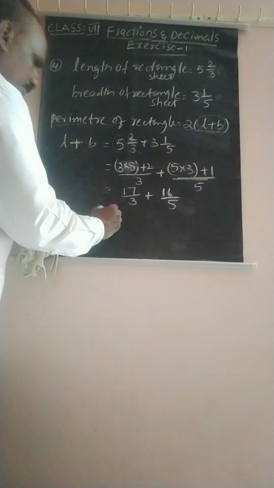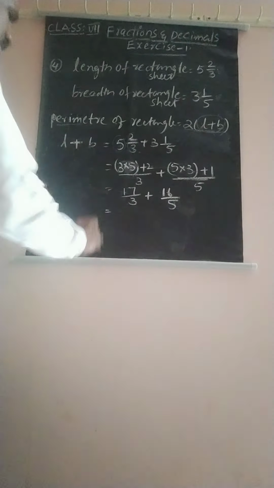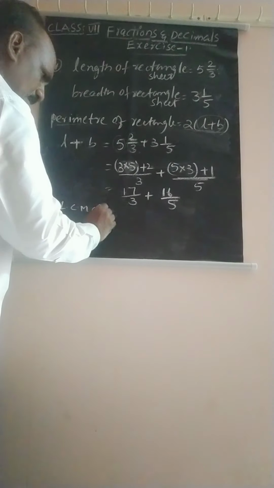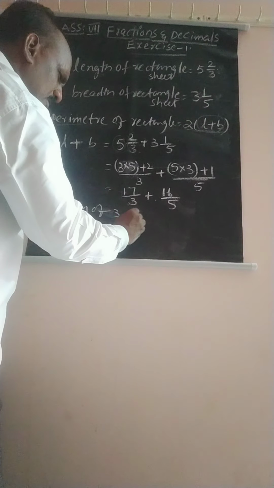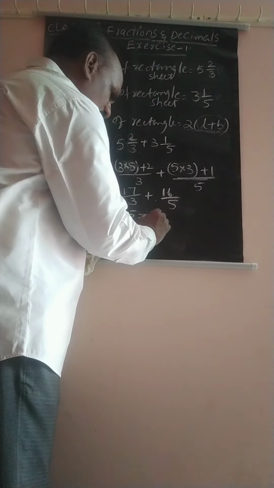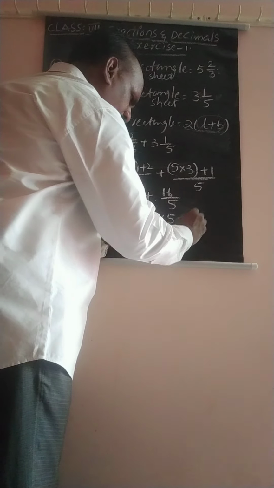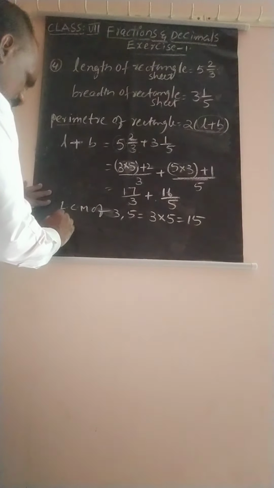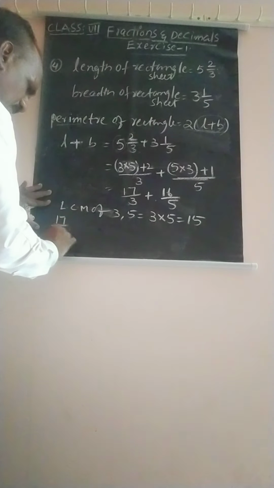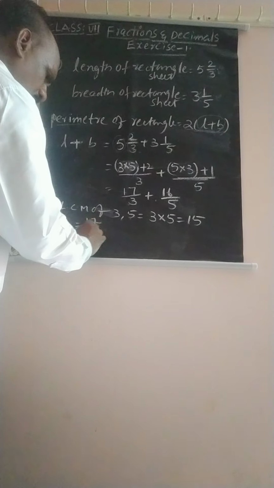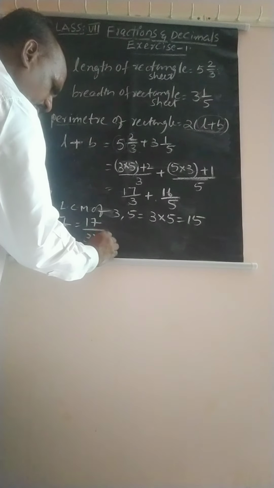Now listen here. To make them equal fractions, we should take the LCM of the denominators 3 and 5. 3 and 5 won't go in any table, so direct multiplication, 3 into 5, is 15. Now make 17 by 3: it should be multiplied by 5.